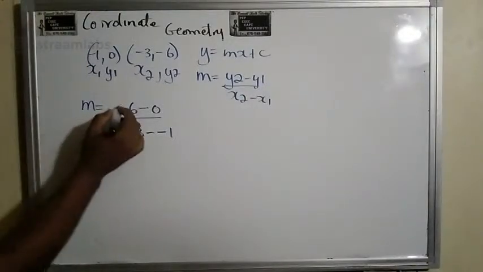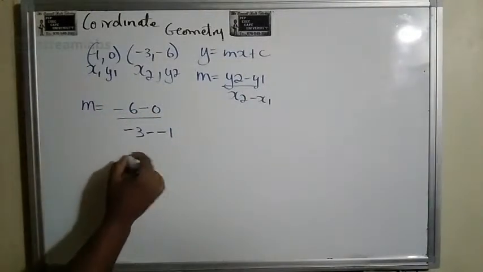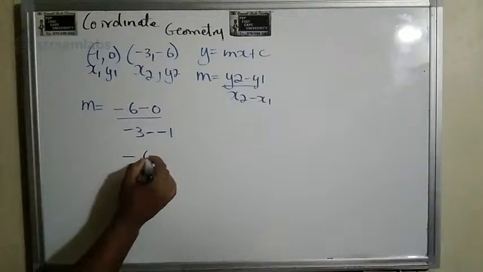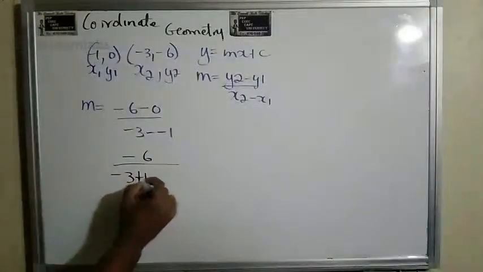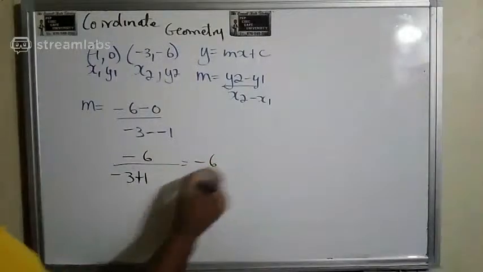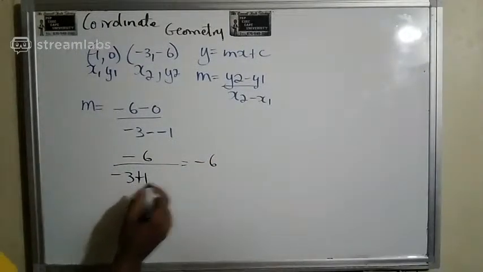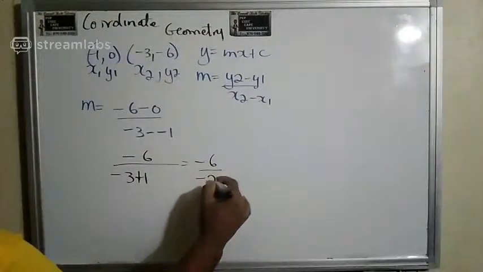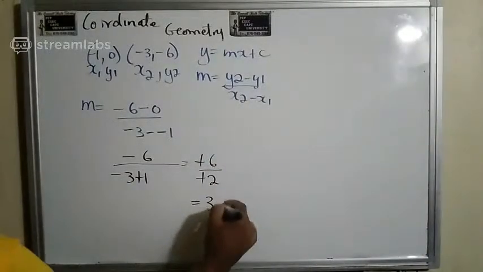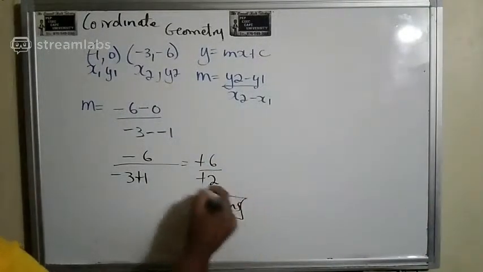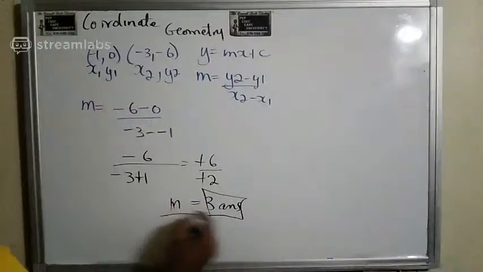So negative 6 minus 0 is the same thing as negative 6. So we have negative 3 minus 1, which is equal to negative 2. And then we get 3. So the gradient, or m, is equal to 3.